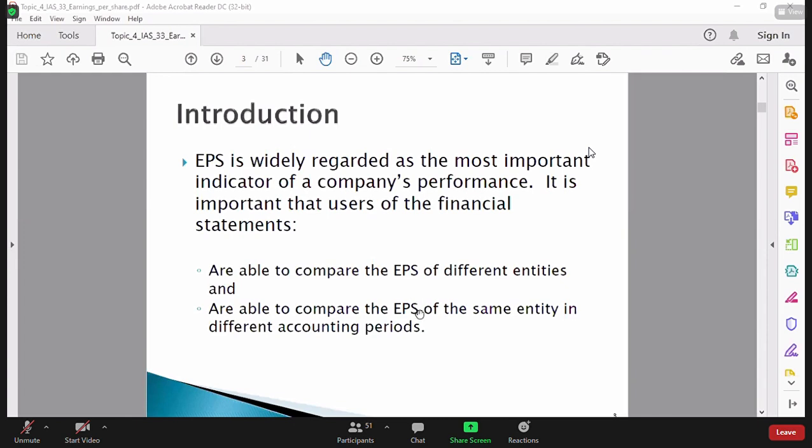So that is what you should do to explain on the component. That is what I mean by component: earnings and also the shares.